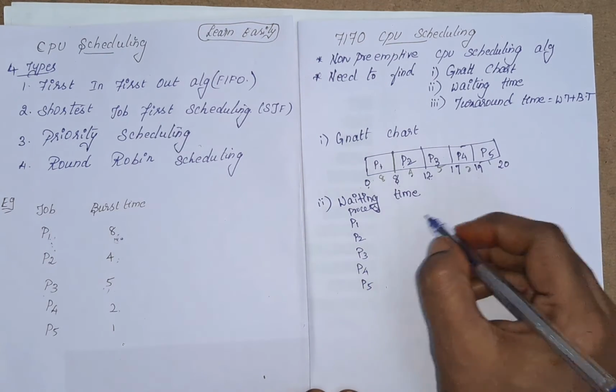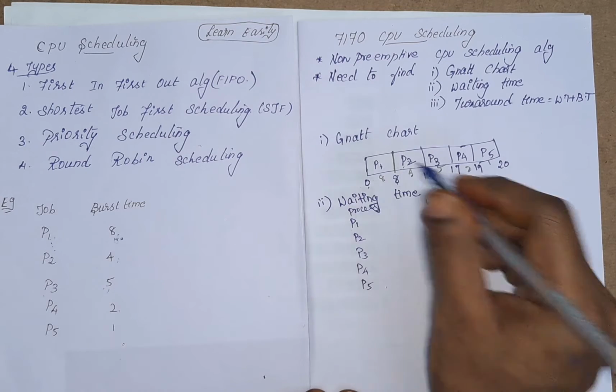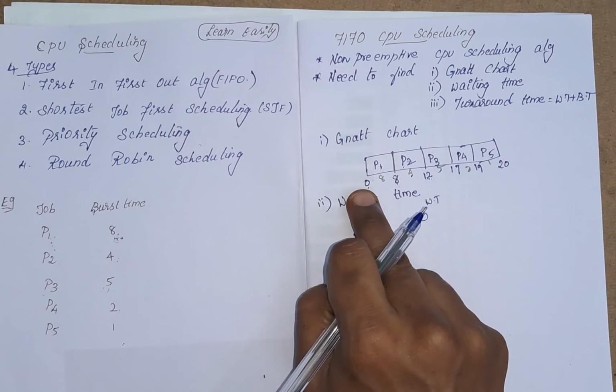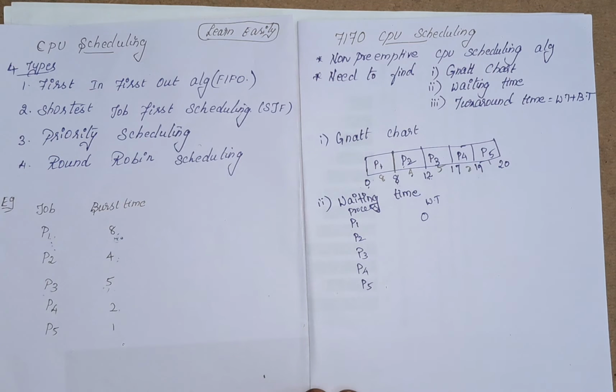P1 does not wait for any completion, so it is 0. We have to check whether any other process gets completed first.